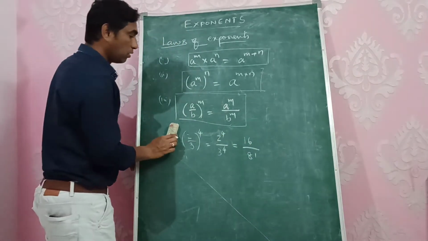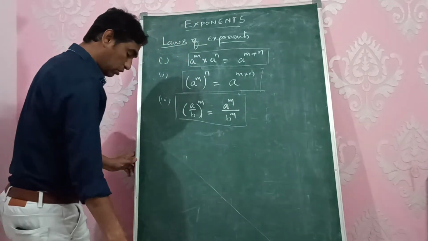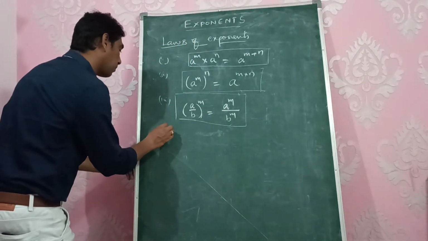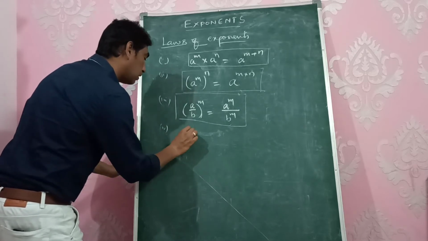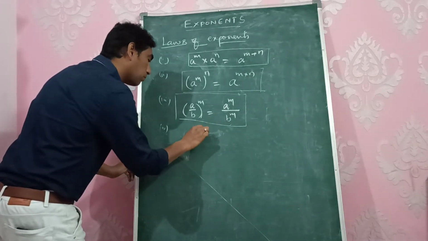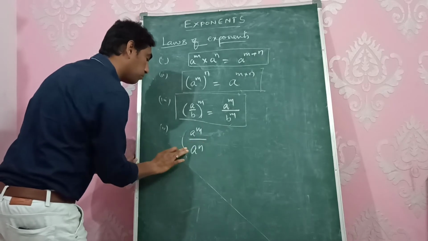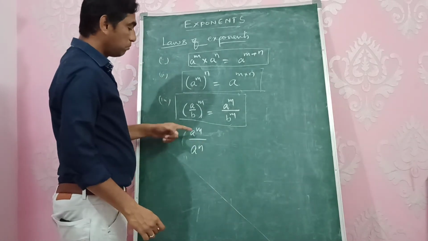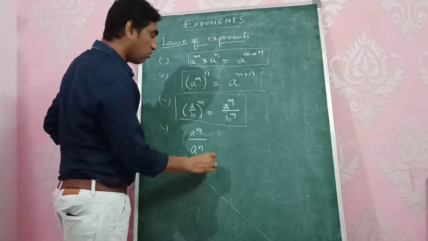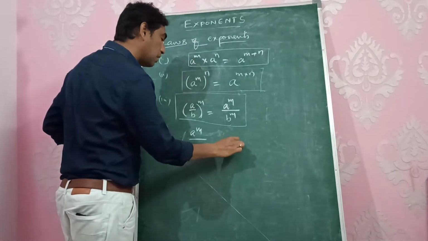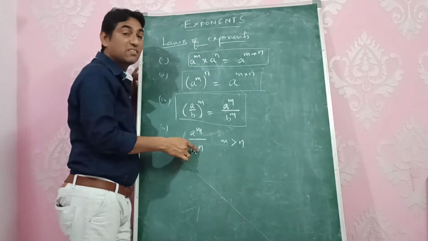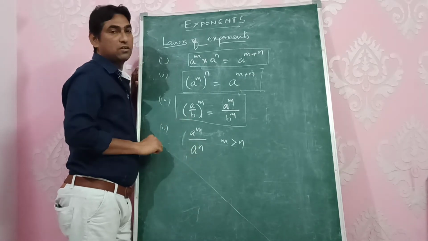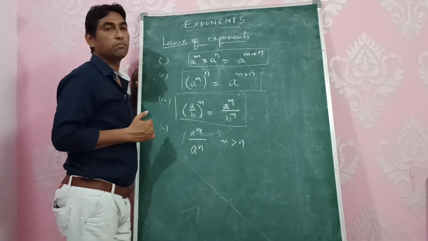Okay, one more law of exponents. Here: a power m by a power n. Your case is important: m is greater than n. Whether m or n is greater, based on that we need to transfer.